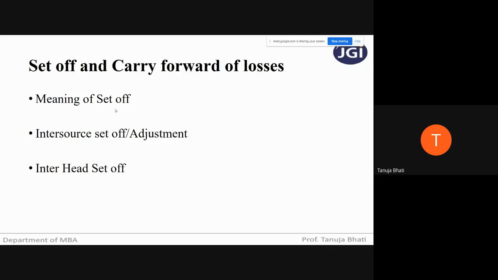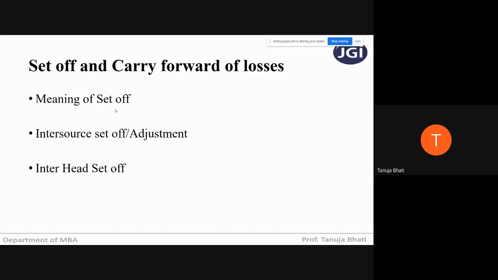So when I say same source of income, suppose it is house property. If you have two house properties, and from one house property you're incurring losses and from the other you're incurring profits, the loss of one house property can be set off against the profit of another house property.